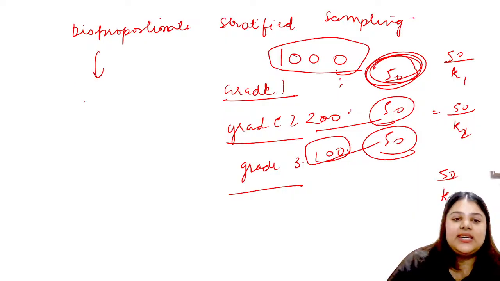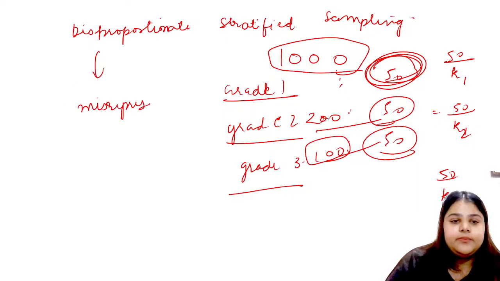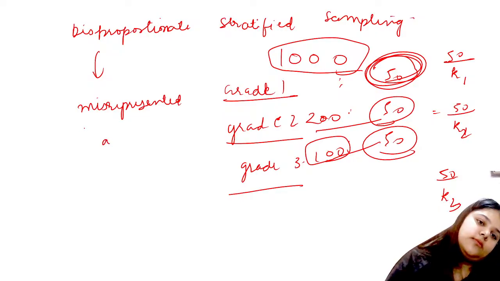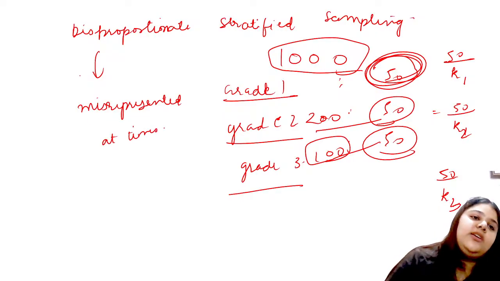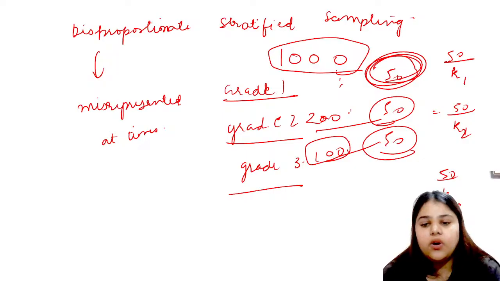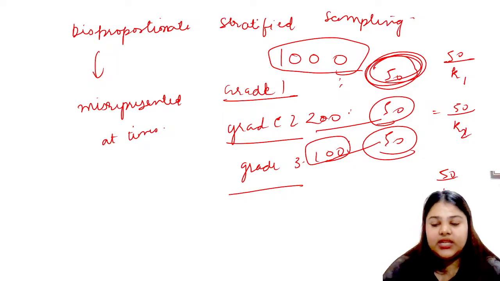Hence it can be misrepresented at times, because there is no actual ratio, and it is not synonymous with the actual division in the group.